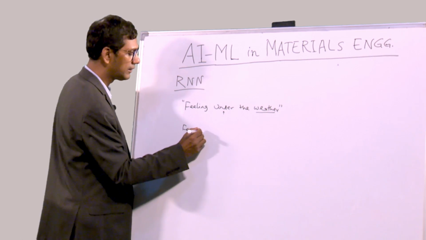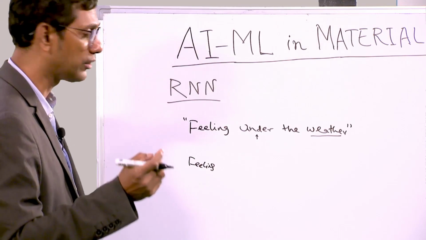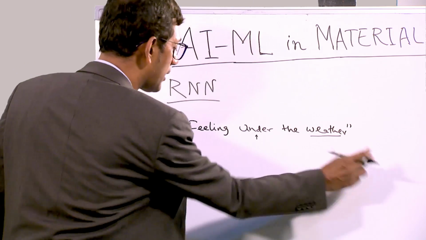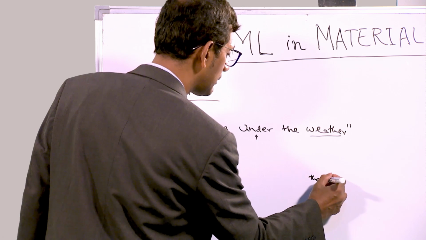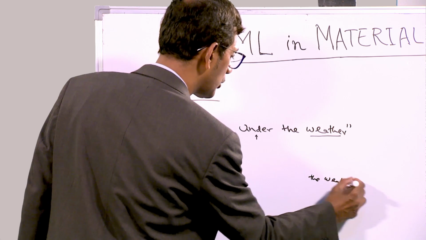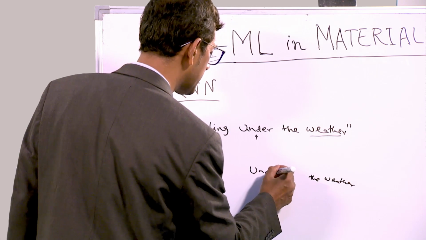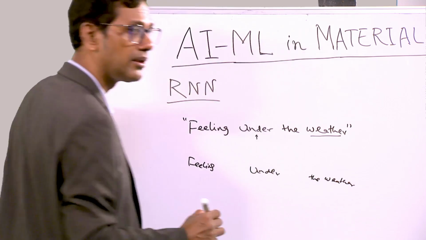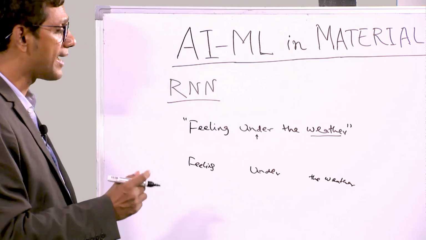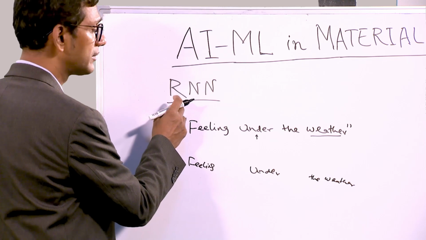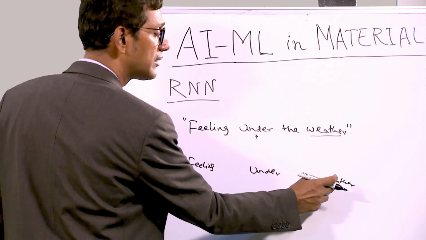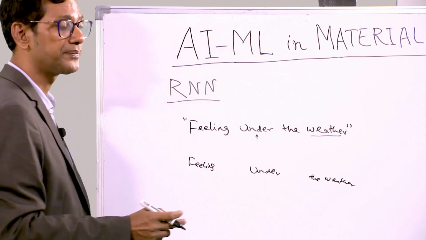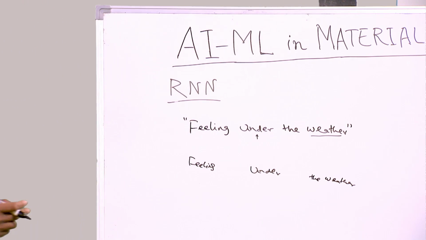You will see in your social media that they will bring many words here, correct? But the moment you put "weather", automatically the word "under" will come into the picture. So that means the RNN, the recurrent network, remembers which word has to be placed in which sequence. That is what is done.